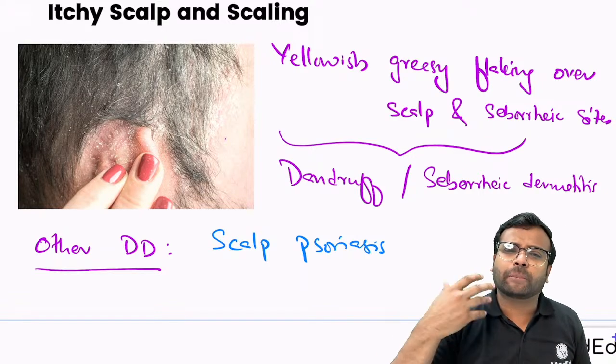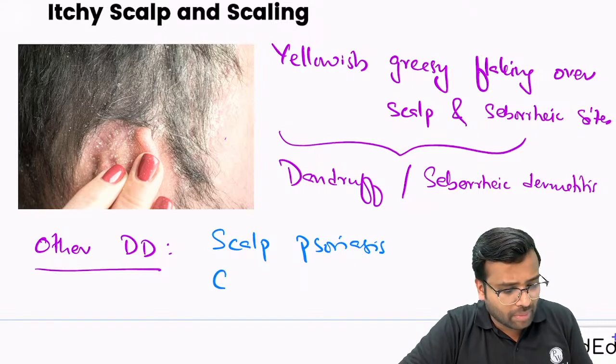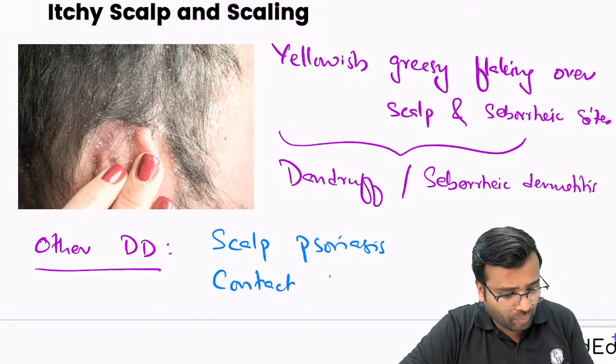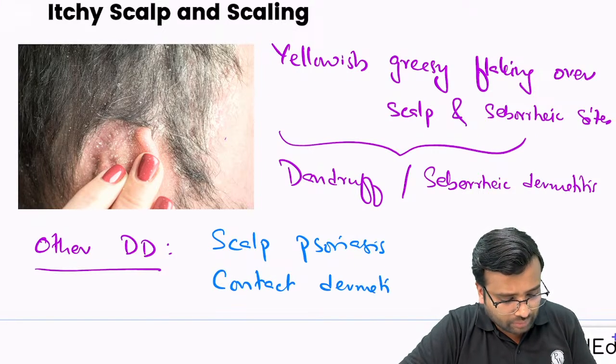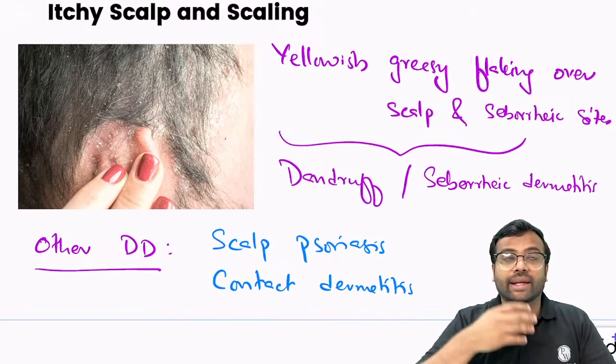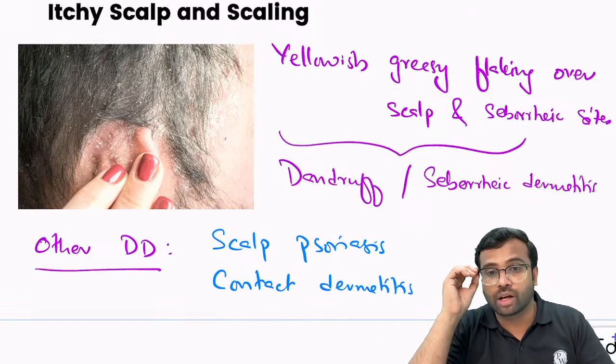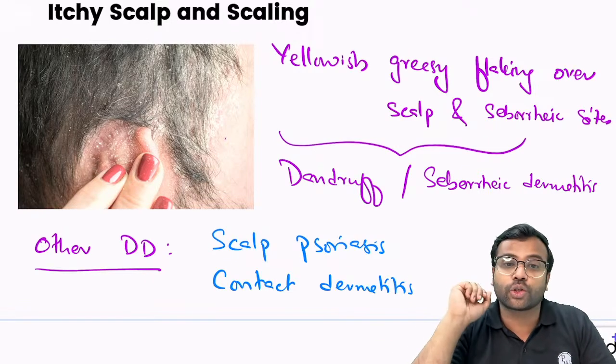What about any contact dermatitis and all? So contact dermatitis can also be one of the differential diagnoses. Like there can be some allergic reaction to some hair products the patient must have used, isn't it? So that is also a possibility.